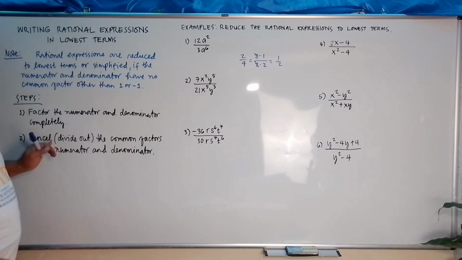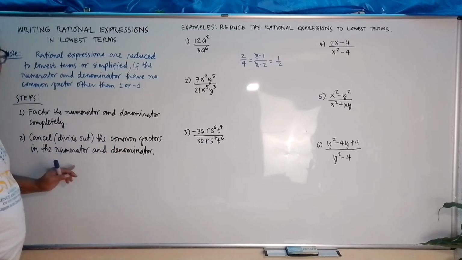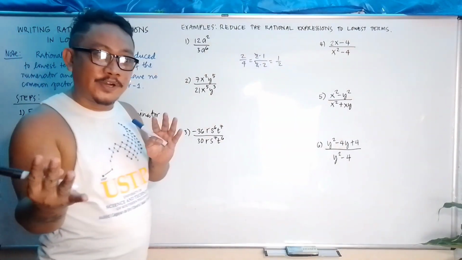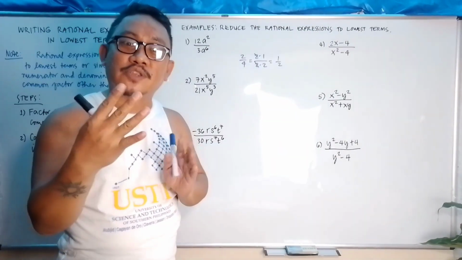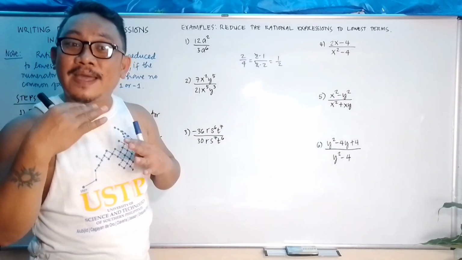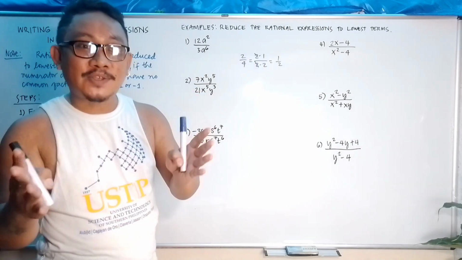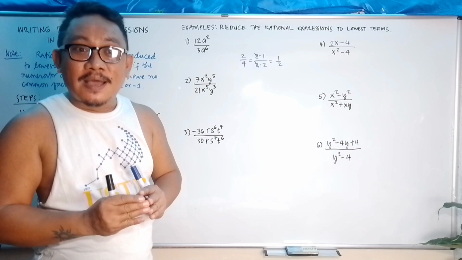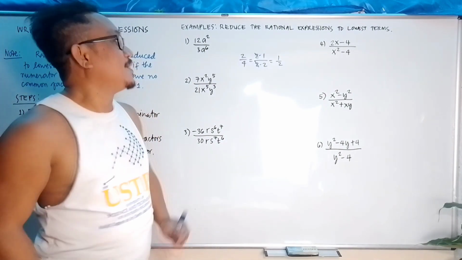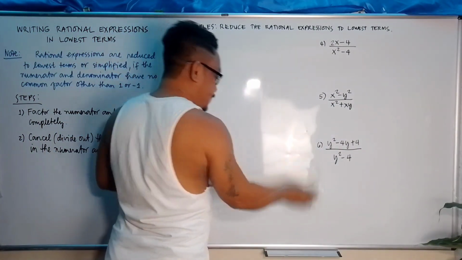Number 2, cancel or divide out the common factors in the numerator and then the denominator. That is the purpose. We factor first, find the factors of the numerator and denominator, then find what is common to them and cancel. If there is nothing left to cancel, meaning to say, we have reduced it to its lowest terms. So, clear? Okay. Let us apply this to these examples.